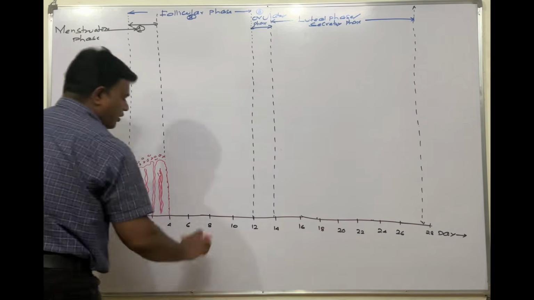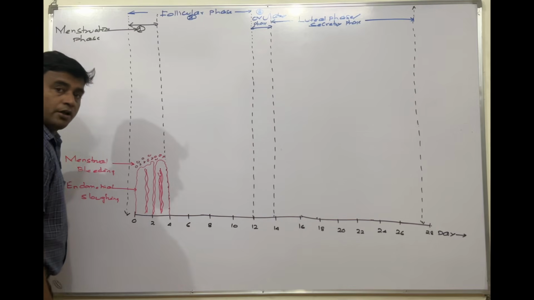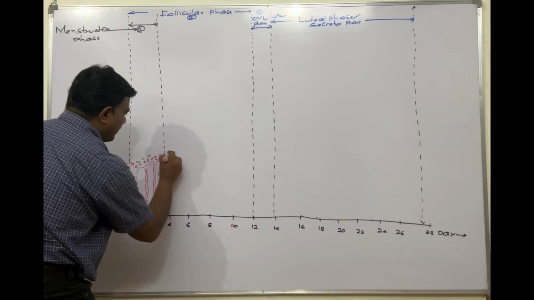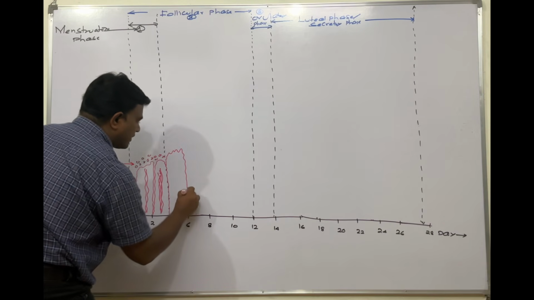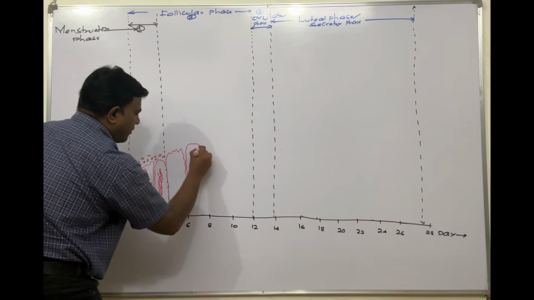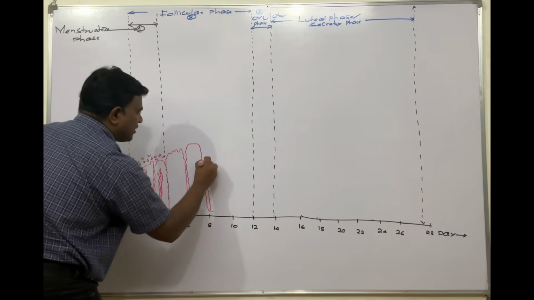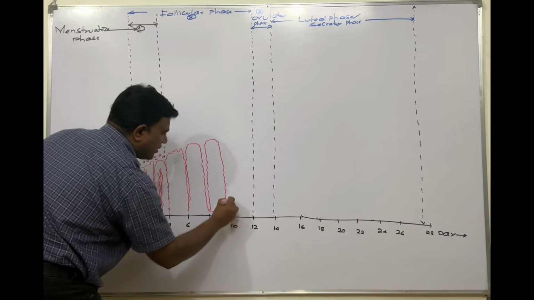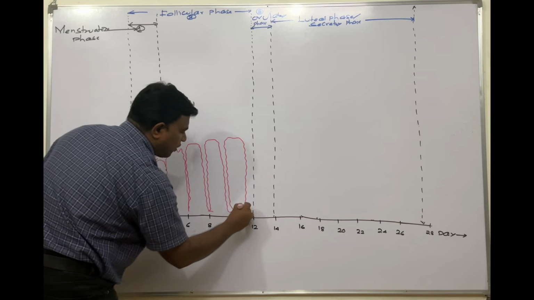Now let us see 4 to 12, a preparatory phase, a reparative phase, a proliferative phase. A little bit of thickening has started, repairing is going on. The endometrial growth is going on. Thickening is also going on. It is increasing in size. That means it has gained its original tone.